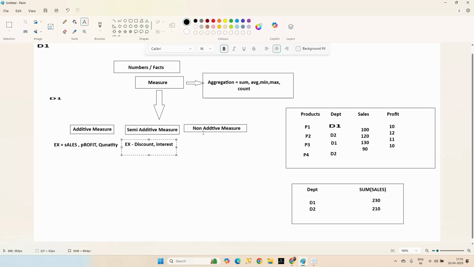Yes. Non-additive measure: if the measure is not giving any meaningful output when applying aggregation, we call it a non-additive measure. Let's say for example, we have longitude and latitude, right?